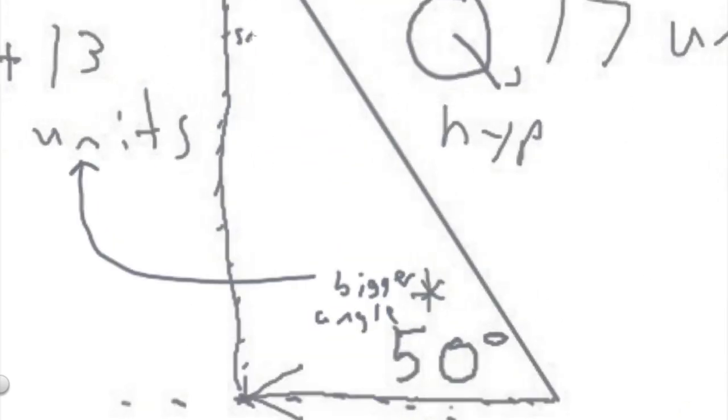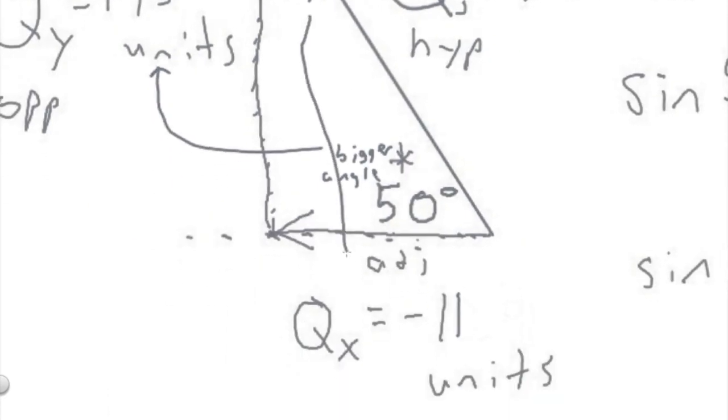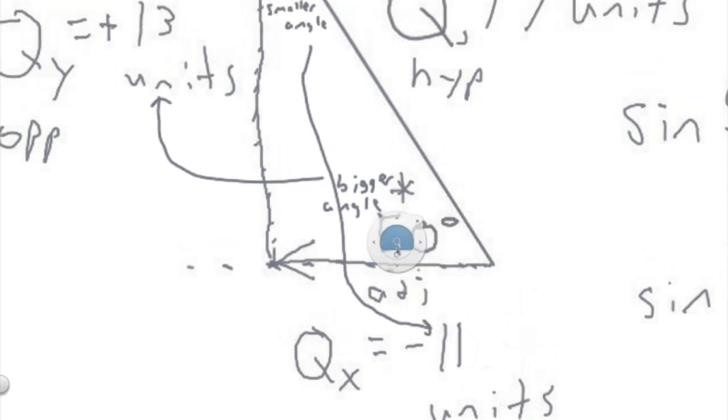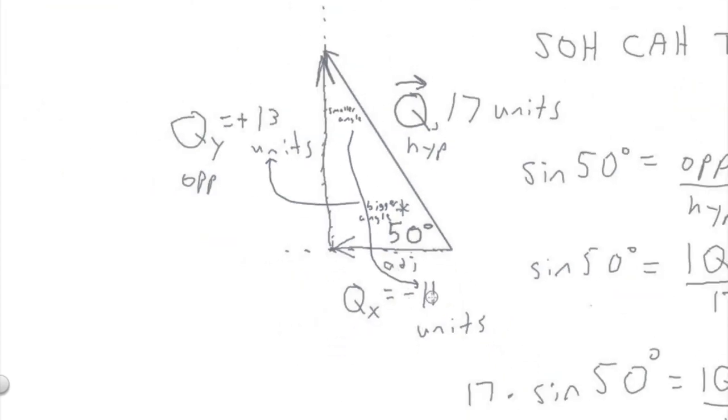And this angle at the top is the smaller angle, and fortunately that is opposite the smaller side of 11. If this number were 14, we would know that we had made a mistake, because then a bigger side would be opposite a smaller angle.